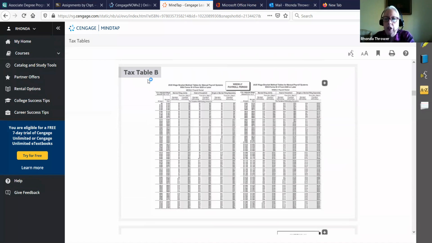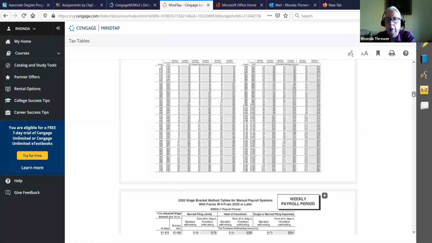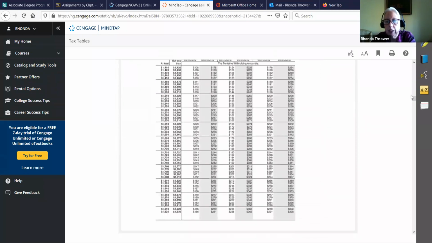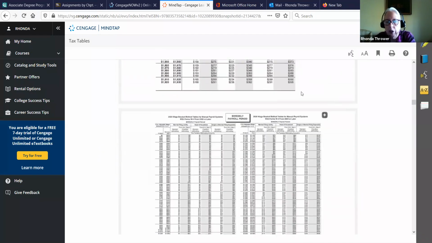The next thing you need to do when you're looking at the wage bracket method is determine how the employee was paid. You'll remember we said that employee was paid weekly. That's the first thing you need to look for on the wage bracket method, how the employee was paid. If the employee was paid bi-weekly, we keep scrolling down and you'll see there's a new table that starts right here that says bi-weekly.